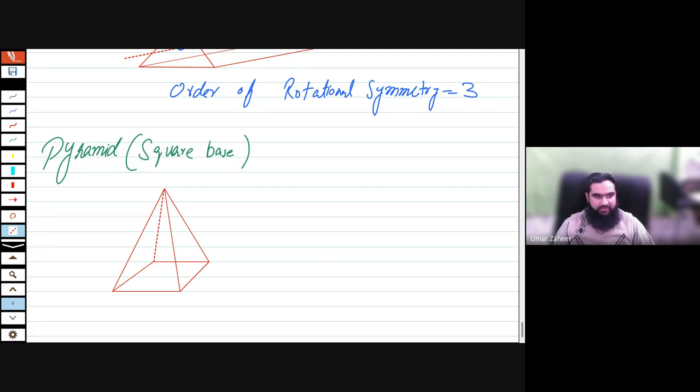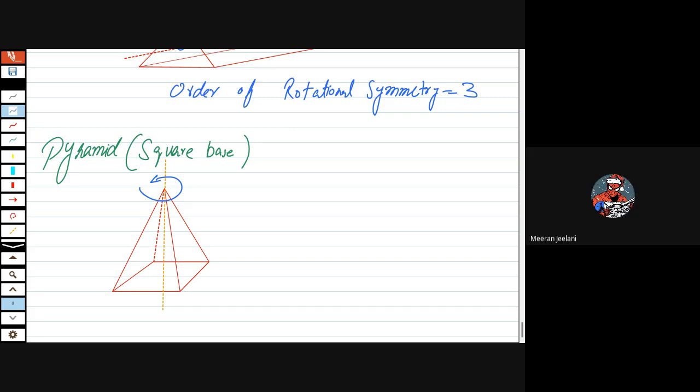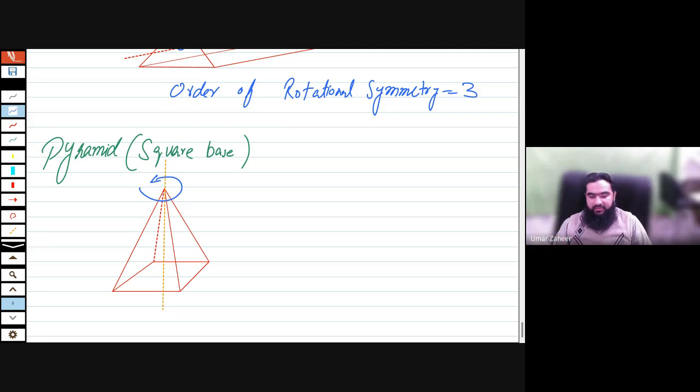Let's say this is a pyramid. This is the line on which you have to rotate it, in this direction. If you rotate it, how many times are you going to see the original shape? Four times, because we have four faces, so you are getting 4 times.